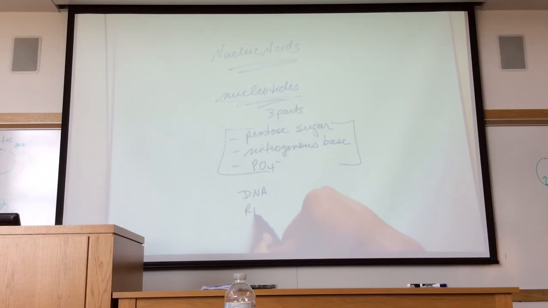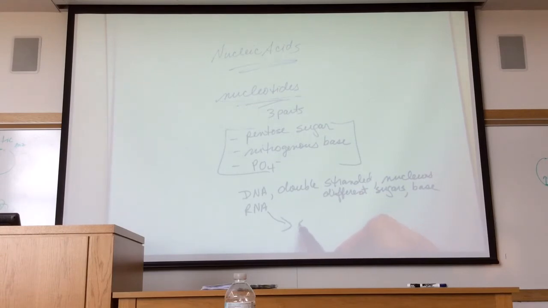Okay? And then really quick, the difference between DNA and RNA. You've already written this down, but DNA is double-stranded, usually. Remains in the nucleus, and they have different sugars. They also have different sugars and different bases, nitrogenous bases.